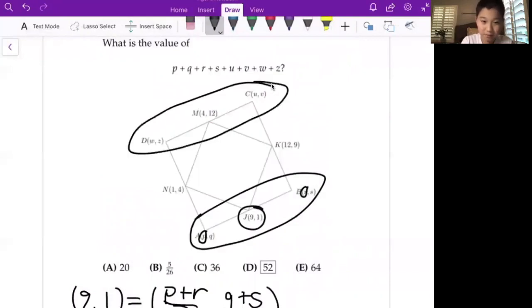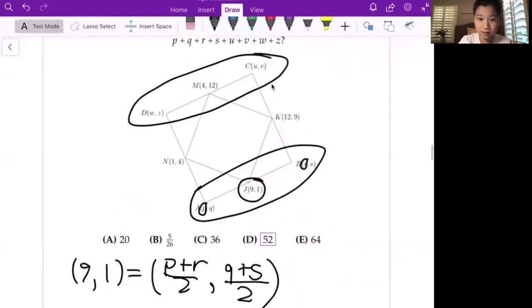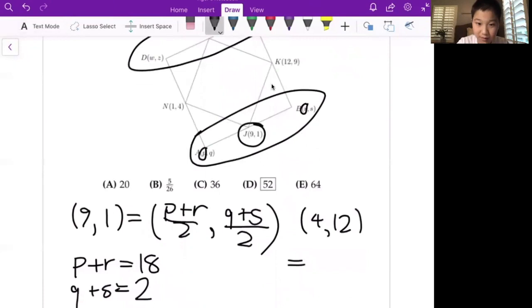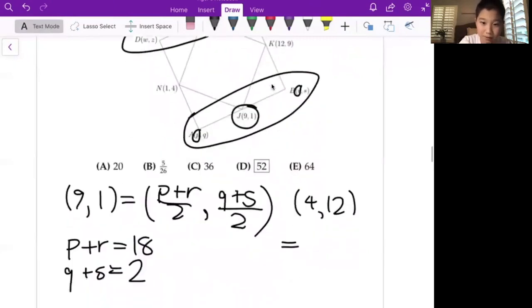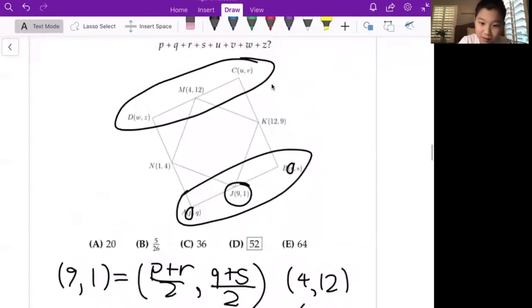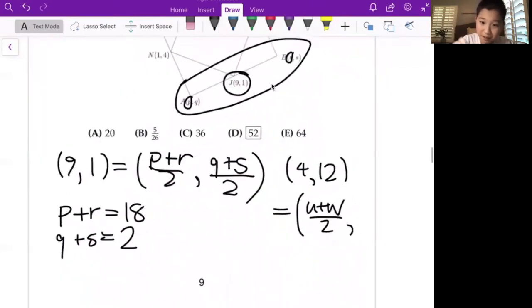This line will tell you that (4, 12) is equal to ((U plus W) over 2, (V plus Z) over 2) by the midpoint theorem.